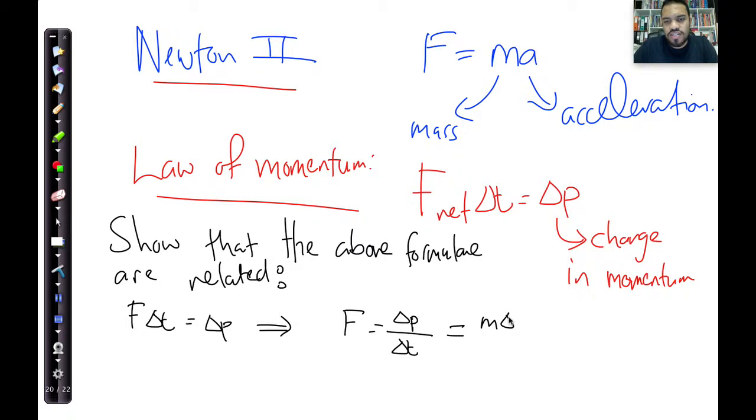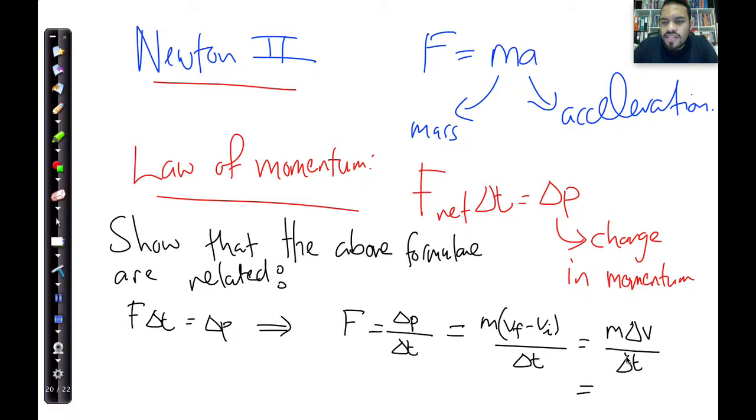Let's just make it v final minus v initial, because you've previously seen it written as such, divided by delta t. And that again is really m, and any final minus initial is what we represent by a delta. So that's actually delta v divided by delta t.